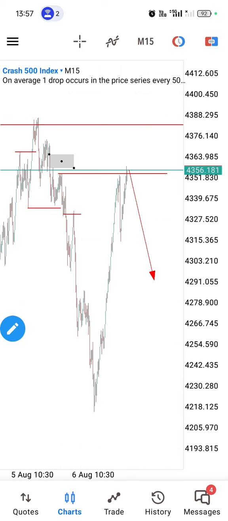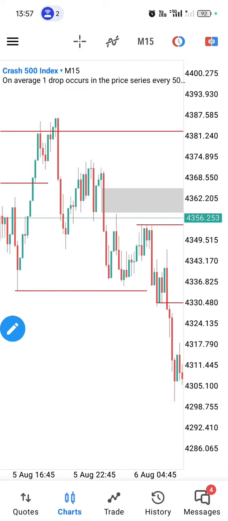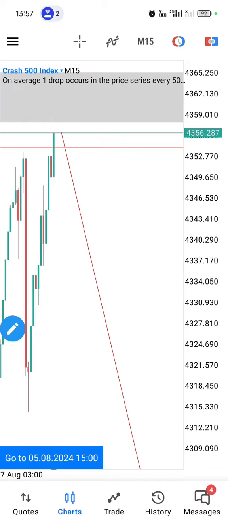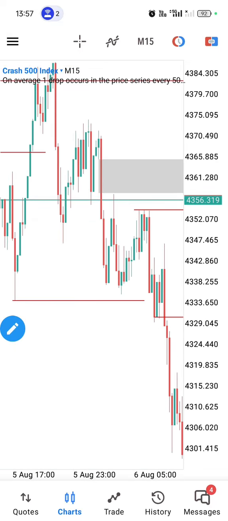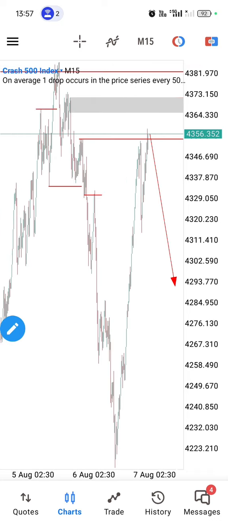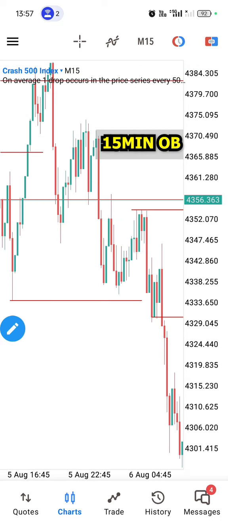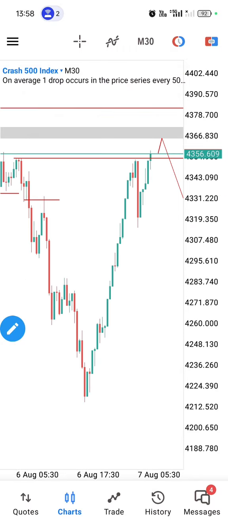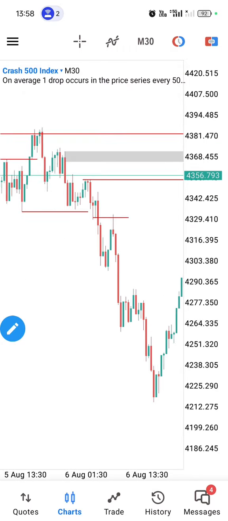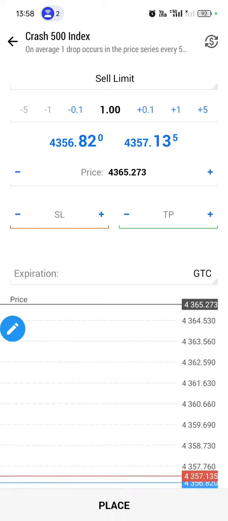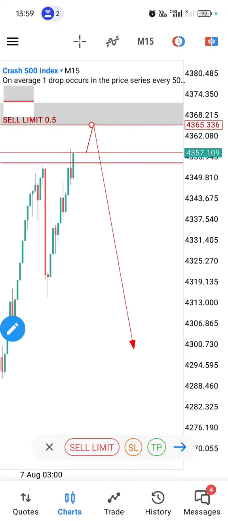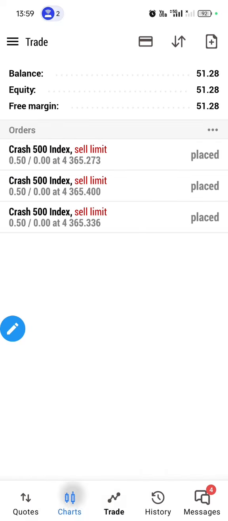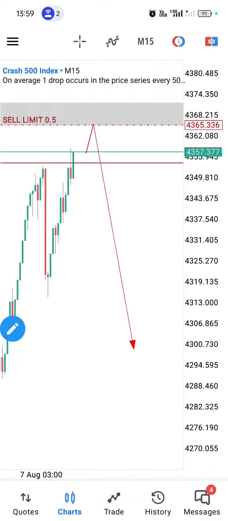If I stretch it out, price still has to fill the sells or the buys right in that zone, and it's going to be met with a 15-minute order block where we're going to be selling. So we're going to be placing our sell limits right at that order block, and we will hope for the best, and price is going to reach there and drop afterwards.